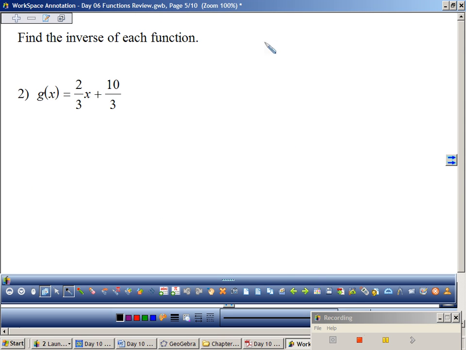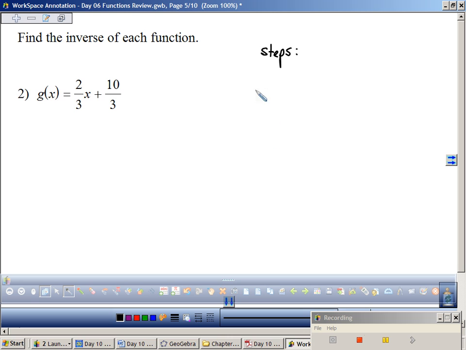Find the inverse of each function. So step. Do you remember our first step? Rewrite it. Good job. So I would rewrite this as y equals 2/3 x plus 10/3.